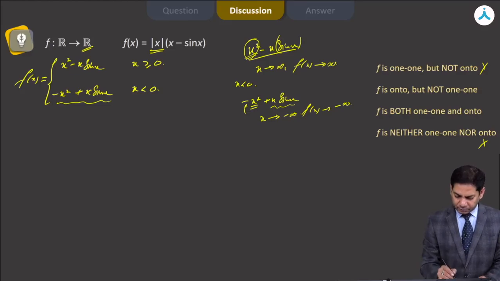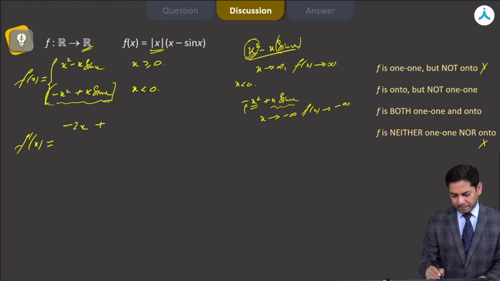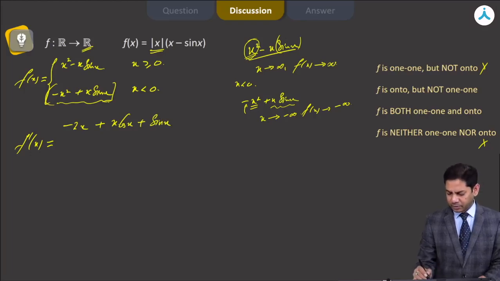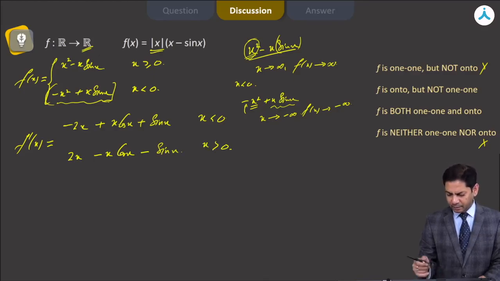Now if we write the expression for its derivative, then very clearly f dash x will be minus 2x plus x cos x plus sin x when x is less than 0, and the derivative will be equal to 2x minus x cos x minus sin x when x is greater than 0.